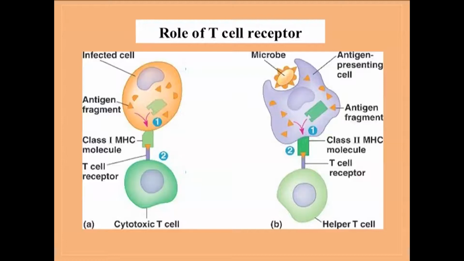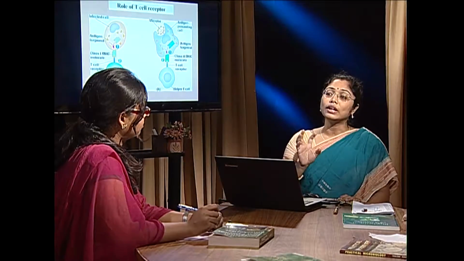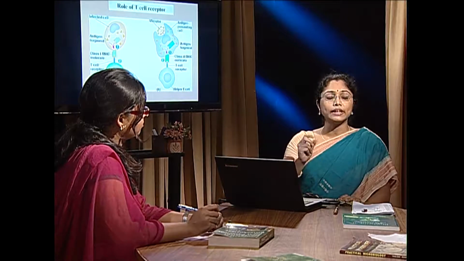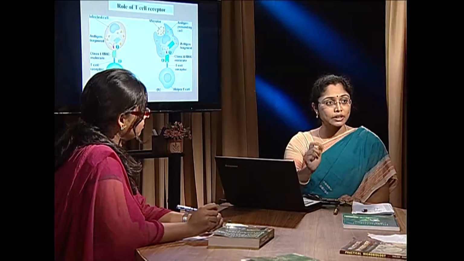So class 1 MHC molecules are found on all nucleated cells, whereas class 2 MHC molecules are found on the surface of antigen presenting cells. Now what are their functions? Class 1 MHC molecules present self peptides to the T cell, whereas class 2 MHC molecules present foreign peptides.